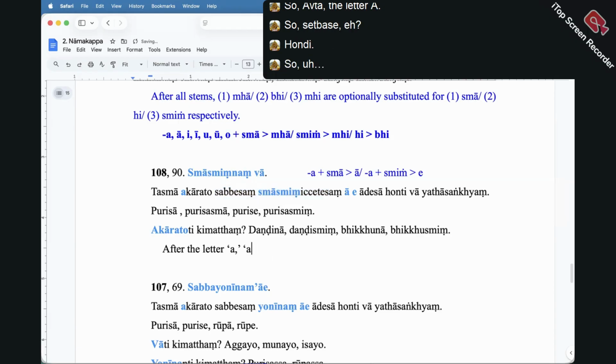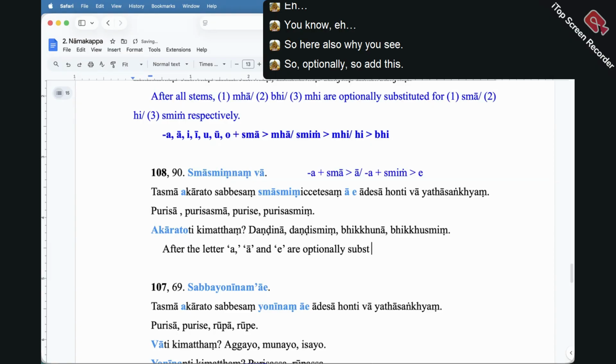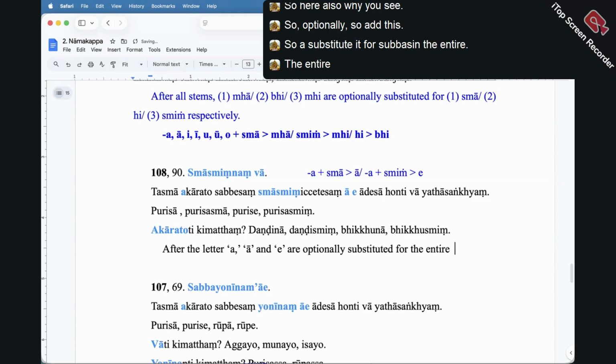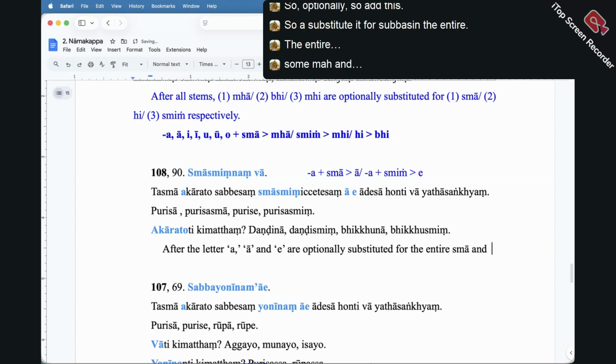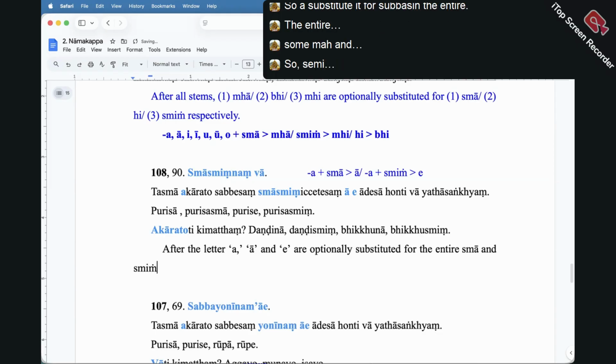So A, E, R, so here also Y, you see, R. So optionally, adesa is substituted for the entire Sama and Samay, and then yatha sankhya, respectively.